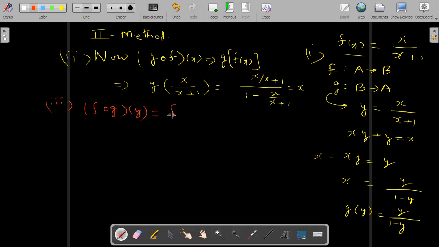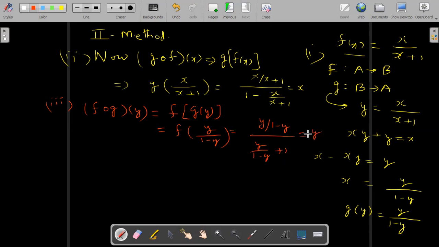So you can write f of gy, and now gy is y upon 1 minus y, and f is x upon x plus 1. So this will become y upon 1 minus y, divided by y upon 1 minus y plus 1. And solve it, you will get y.